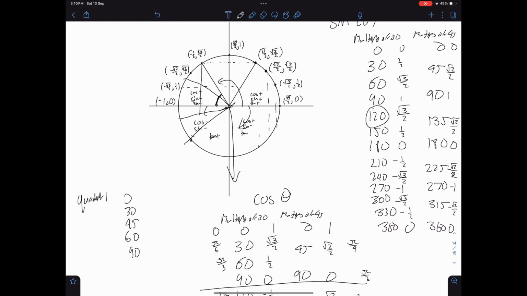It goes 0, root 3 over 3, 1, then root 3 for 60, and then it goes up to infinity. It's undefined.